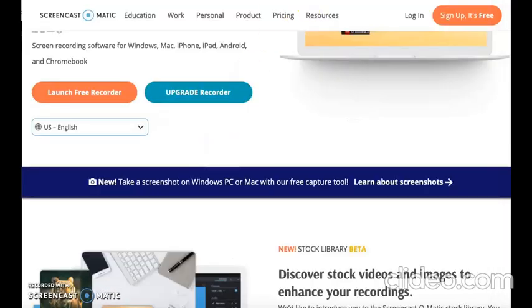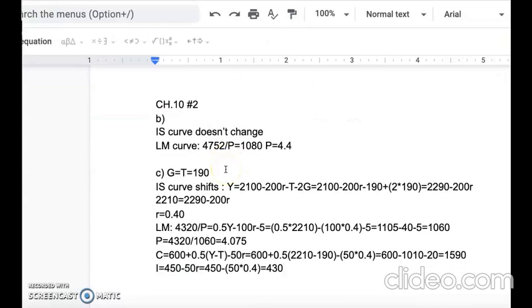To do so, the IS curve doesn't change, because when we increase the money supply, nothing in the IS curve is affected. So output and interest rate are the same as in part A, as are consumption and investment. The LM curve becomes like this.